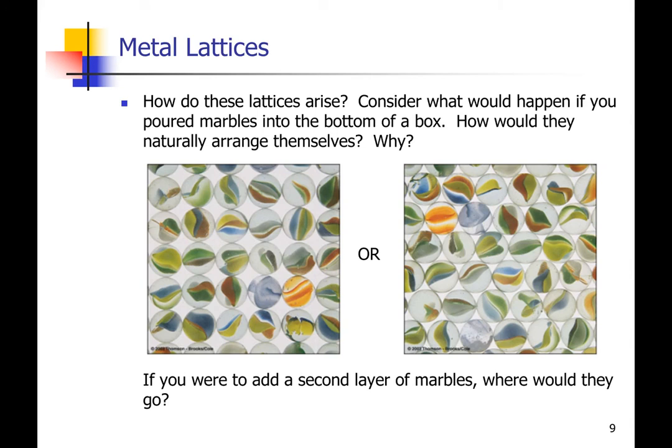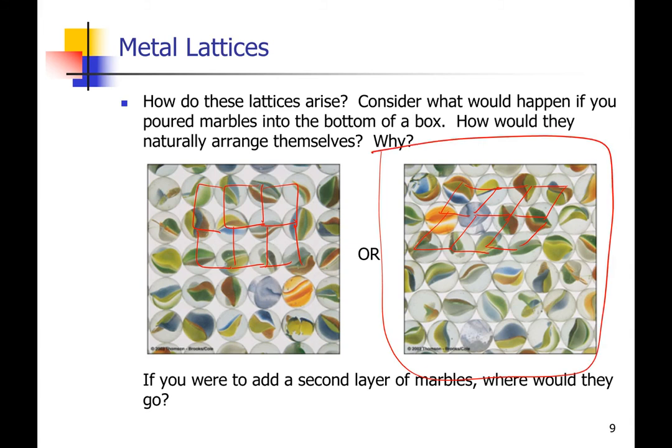If I look at the two pictures in front of me, one of which has an essentially square repeating cell, and one of which has one that's more along the lines of a parallelogram, which of those two patterns would you actually expect the marbles to naturally fall into? And if you said this one, you're right.